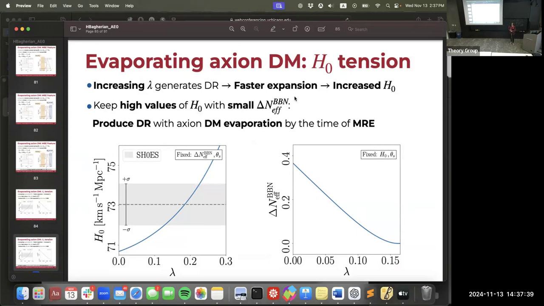Question? How sensitive was this to the specific model that you picked for the radiation? You said you used a scalar, but... It's not sensitive as long as the radiation is strongly self-interacting and acting like a perfect fluid. So the fact that you're using bosons doesn't matter at all.